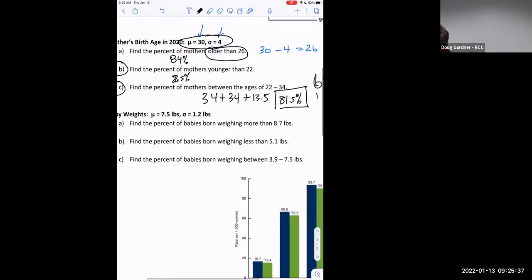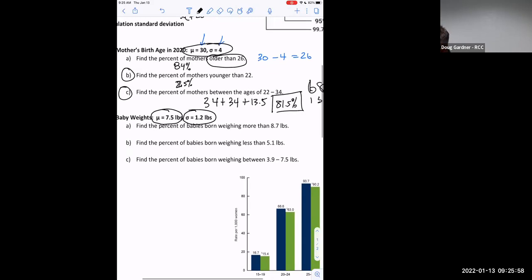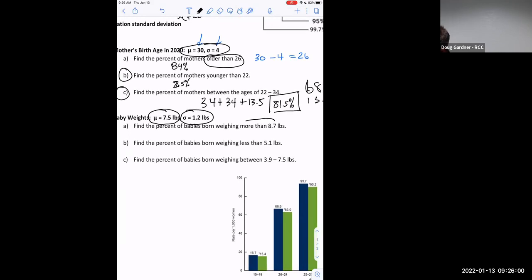So stare at this one. A little bit harder because baby weights, the mean baby weight, 7.5 pounds. I found that on the internet. The standard deviation is 1.2 pounds. Very typical to deviate by 1.2 pounds up and down from that, and very usual to vary by 2 of those. So could you find the percent of babies born weighing more than 8.7?